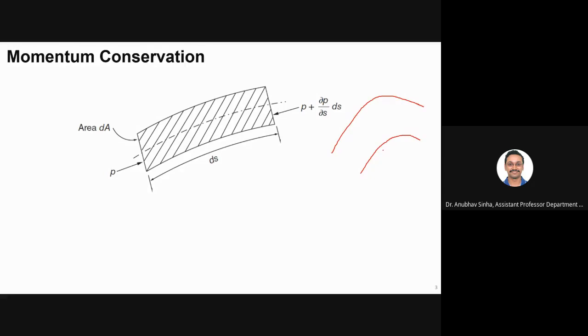Okay, let me clarify. One-dimensional doesn't necessarily mean one-dimensional on the paper. Basically, I'm talking about one dimension, and that dimension is along the streamline. So even if a streamline is curved, all the equations refer to the stream tube, and we are talking along the direction of this streamline.